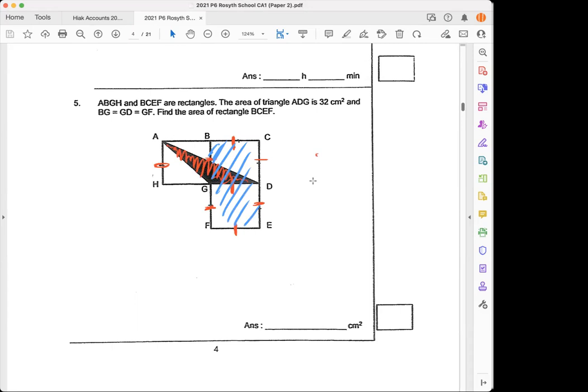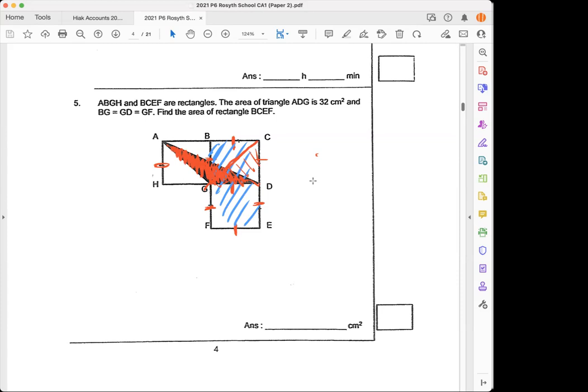Okay, triangle ADG is 32. So this triangle is 32. This triangle ADG has the same area as half of this square. Why?